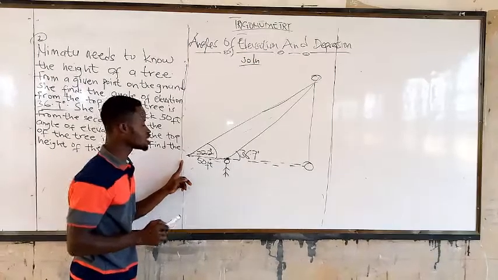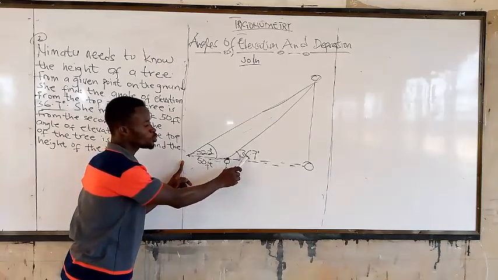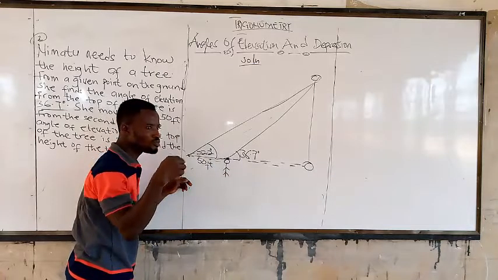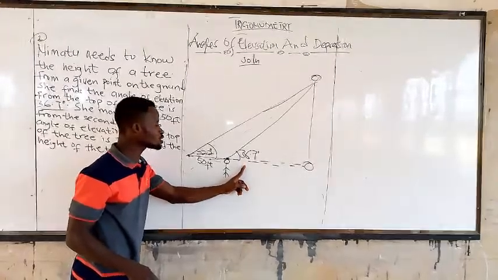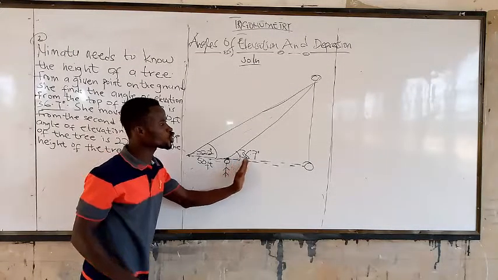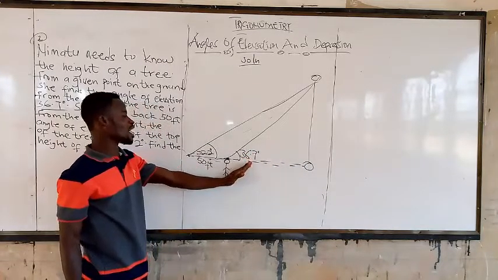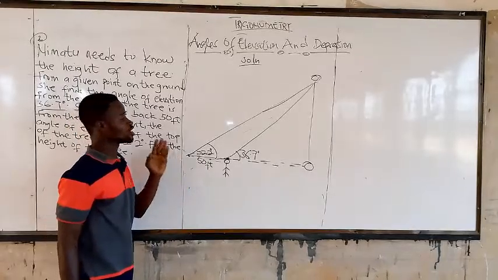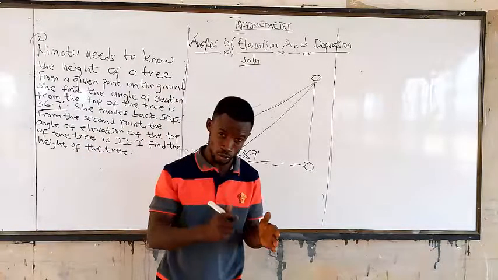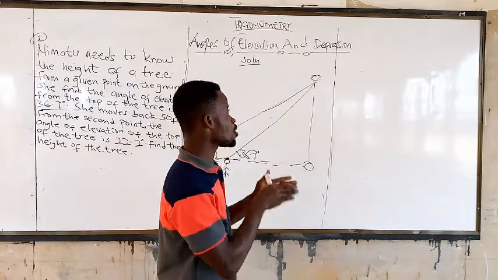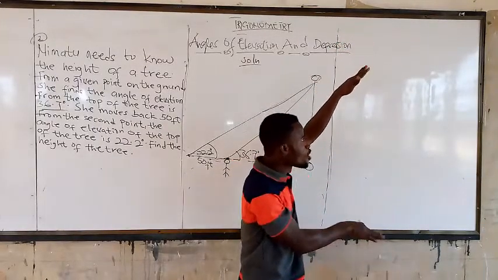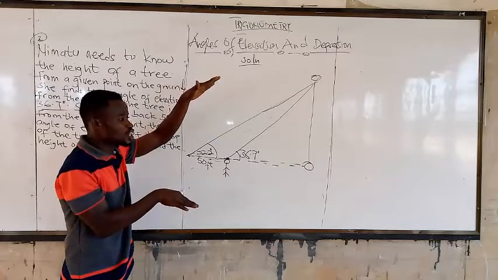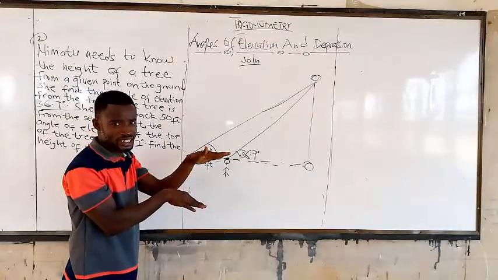If you know this, writing 22.2 here will make you think that no, here can never be 22.2, because the angle that is closer to the building is bigger than the angle that is far. Alright? So make sure you please take note of that. It's very, very important. The more you get closer, the more the angles open. And the more you move backwards, the more the angle presses down.